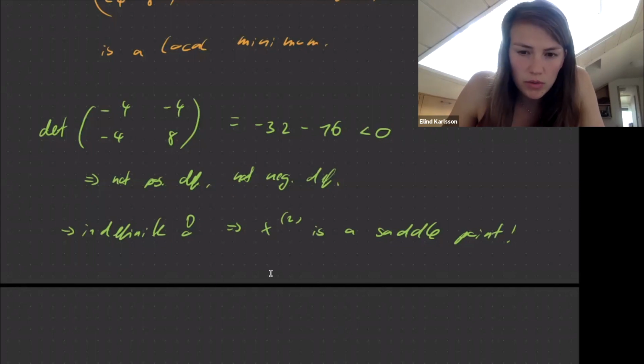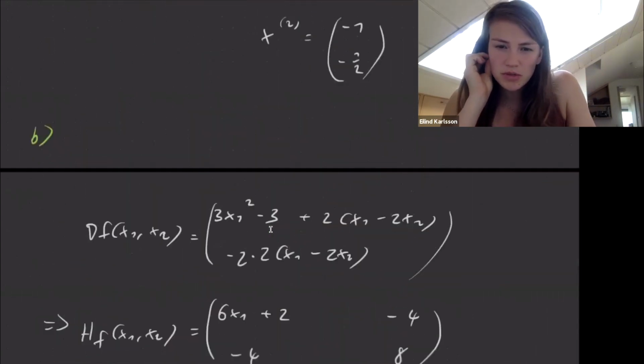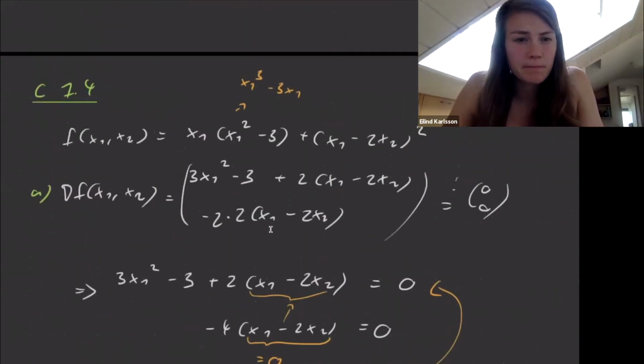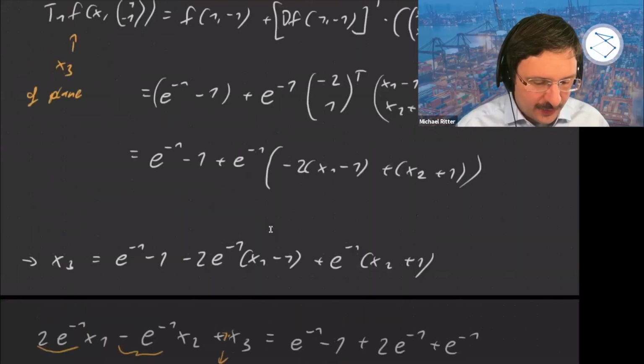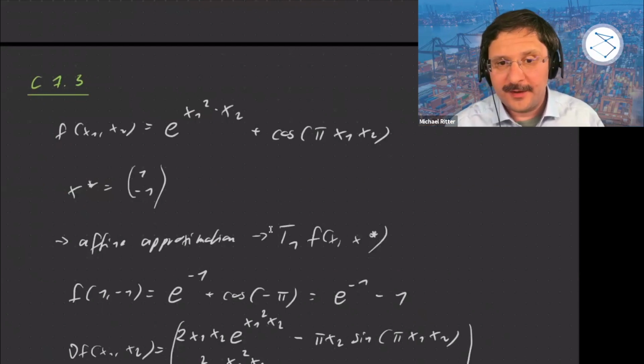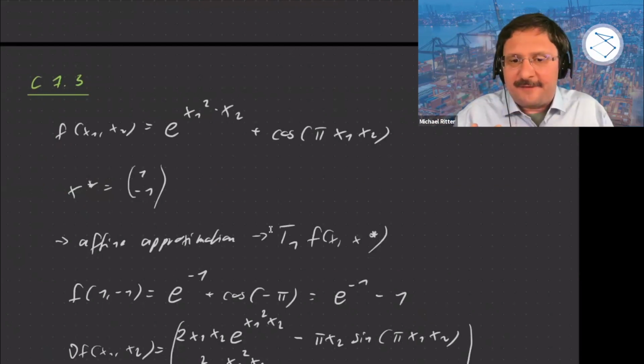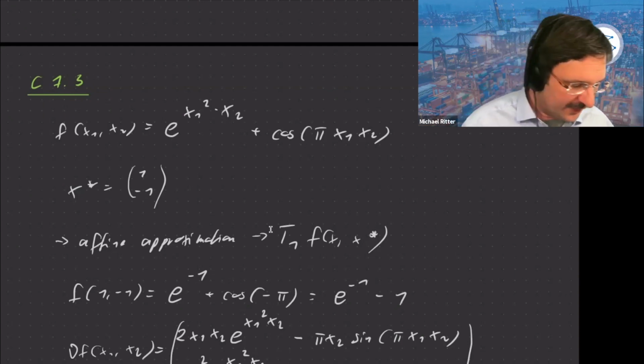Yeah. So in 7.3, can you please explain again why x3 is equal to the Taylor polynomial T1? Okay, so what we're doing, we want to determine the tangential plane. That means we want to determine a function that is an affine approximation to the function at the given point, right?